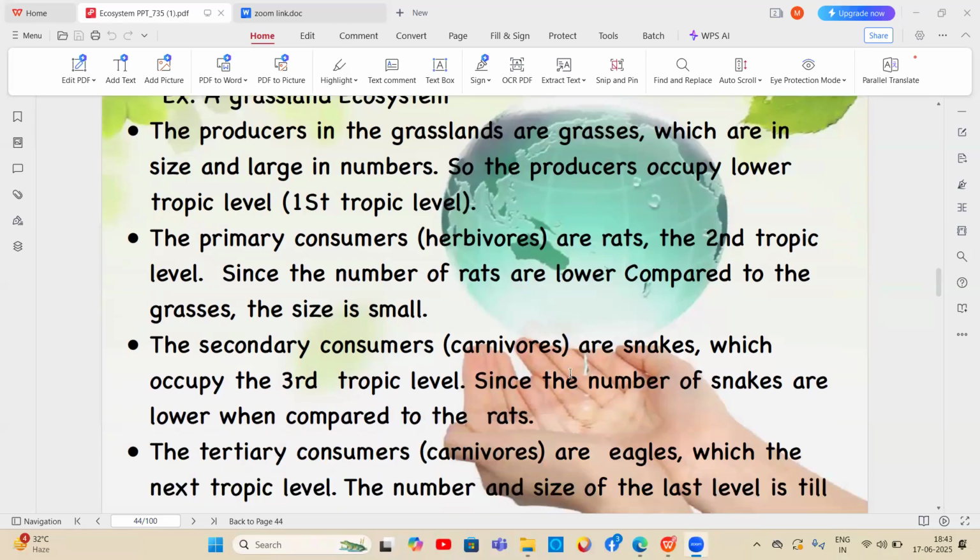The secondary consumers, for example snakes, occupy the third trophic level, and their number is lower compared to the rats.